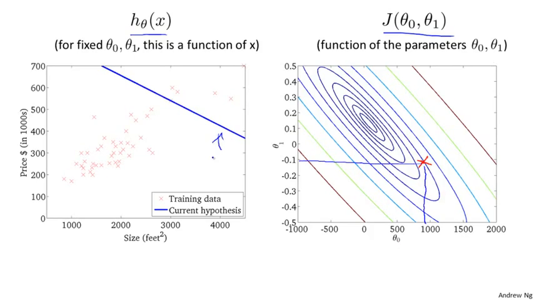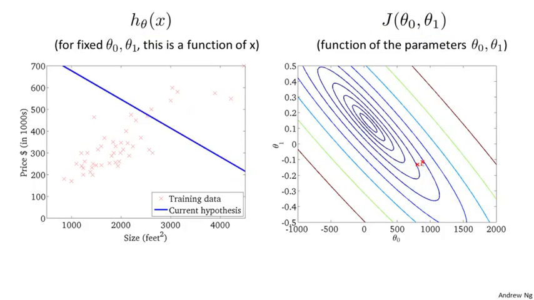Okay, and so this corresponds to h of x equals 900 minus 0.1x, this line. And so out here on the cost function. Now, if we take one step of gradient descent, we end up going from this point out here, a little bit down and left, to that second point over there.